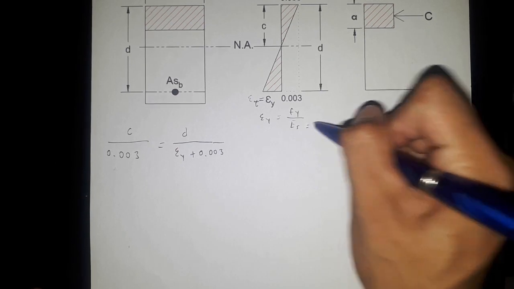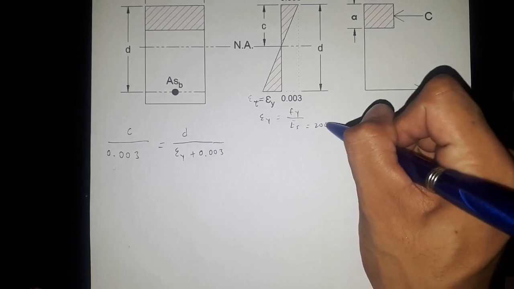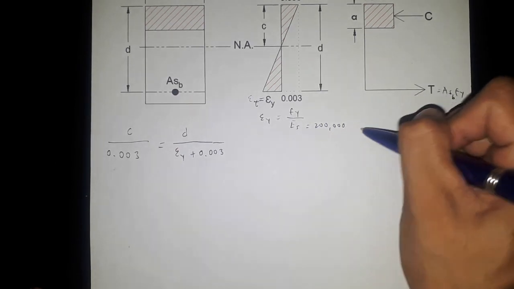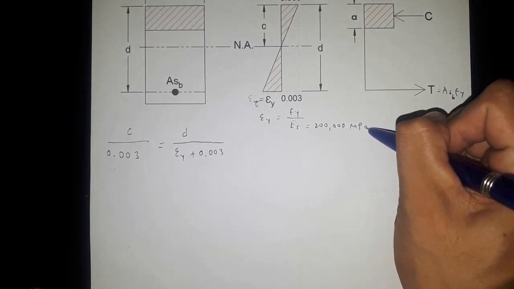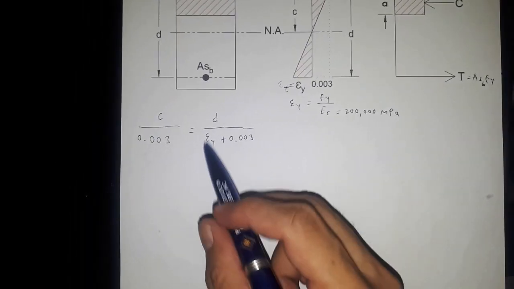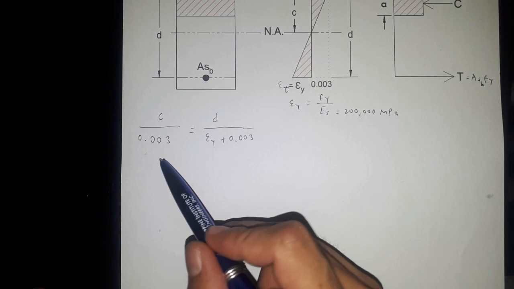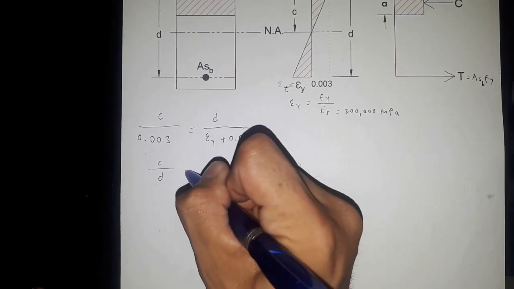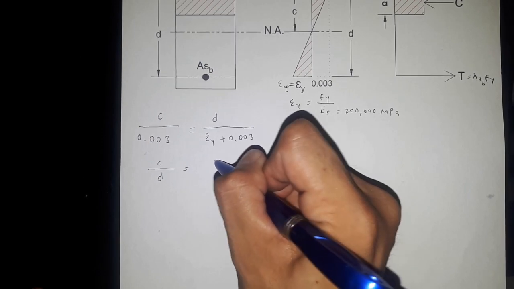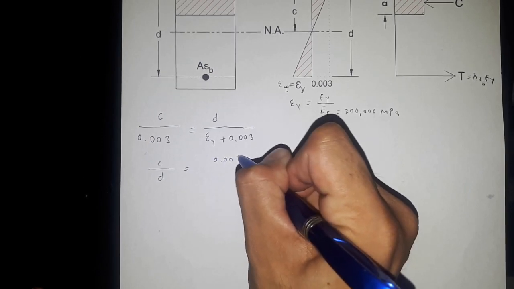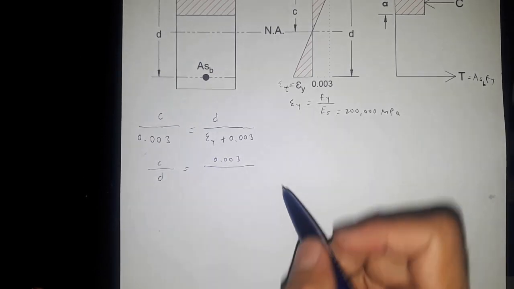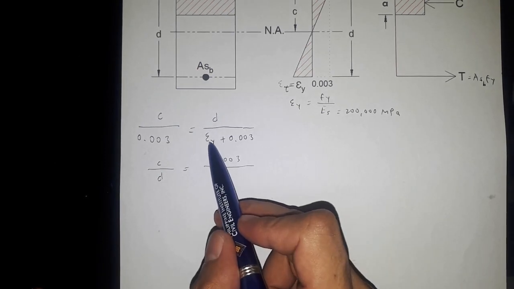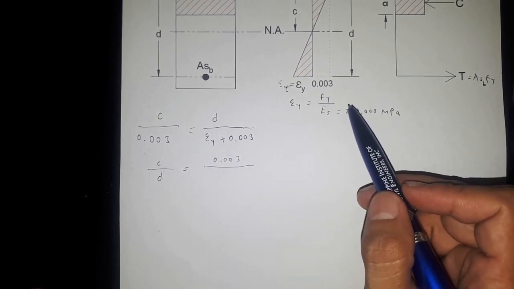So, alam natin yung modulus of elasticity ng steel is 200,000 MPa. So, now, itong mga variable lagay natin dito. So, we have C over D is equal to 0.003. Yung yield strain, palitan natin itong Fy over Es.